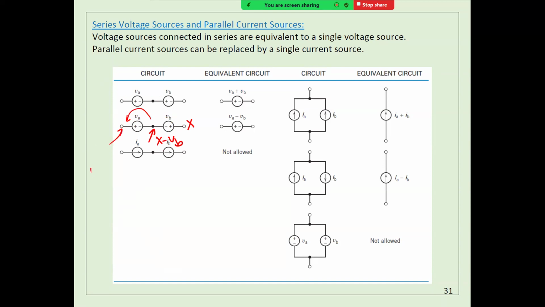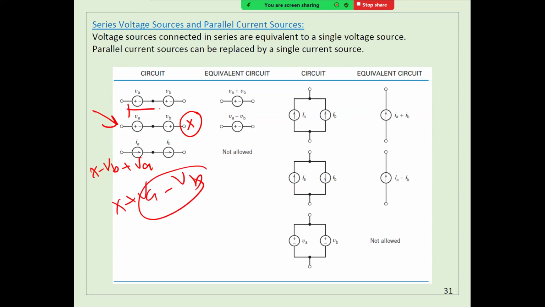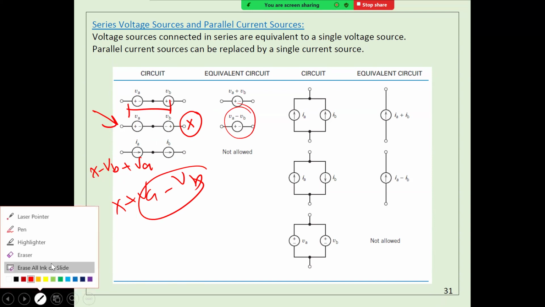So the voltage here is X minus VB plus VA. The voltage here was X, and here I got X plus VA minus VB. So the voltage drop from here to here is actually VA minus VB. Anyway, I don't see any reason to connect this way, but just in case we do circuit analysis.